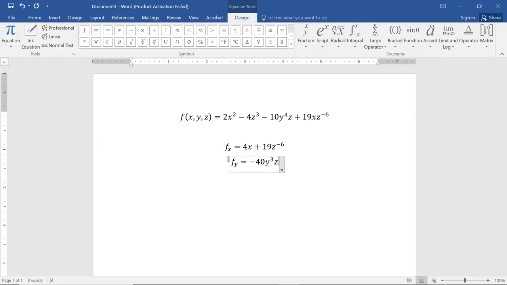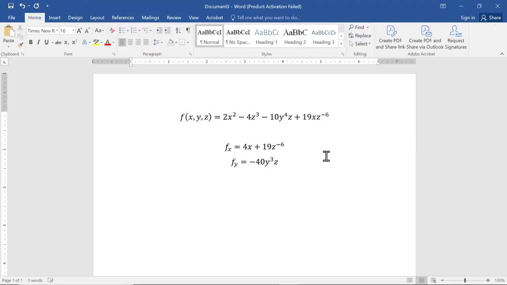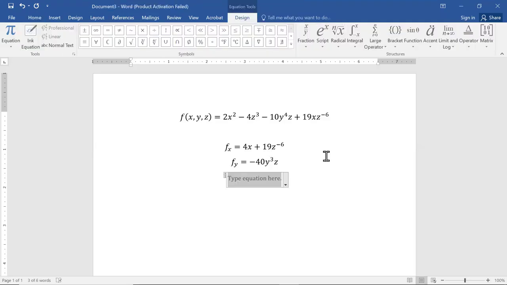Z is just a tag along like a coefficient. And because 19x times z to the negative 6 does not include any y values, that's a constant. So my f sub y is just that, negative 40 y to the third times z to the first.